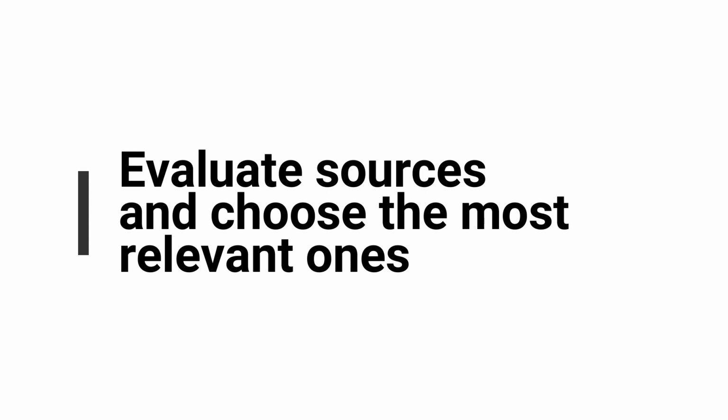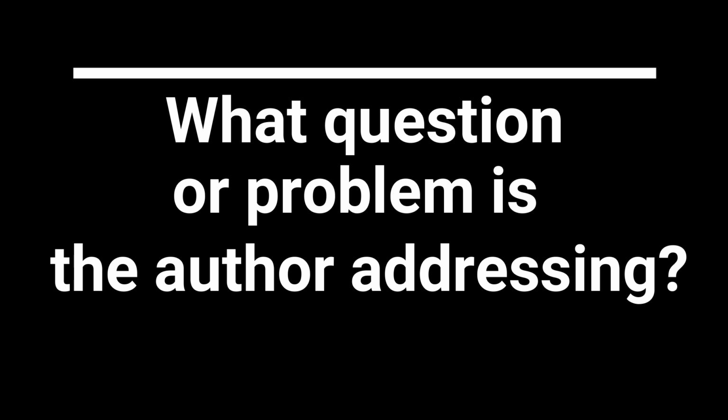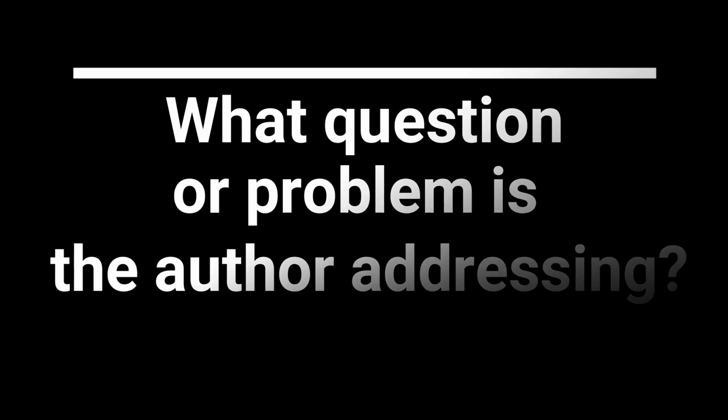The next important element is this one. I am certain that you will be able to read everything related to your research topic in order to collect the data you needed. As such, you'll have to evaluate which sources are most relevant to your questions. To ensure you have the most suited literature and studies as sources, ask yourself the following questions whenever you read a publication.